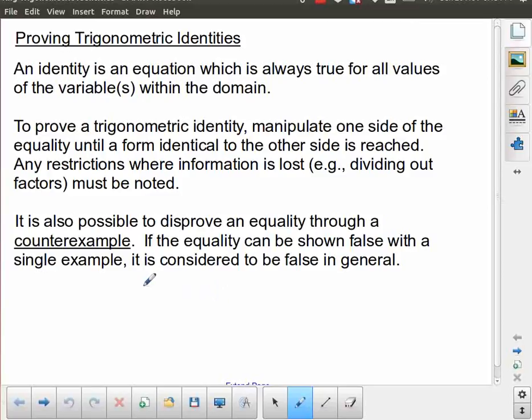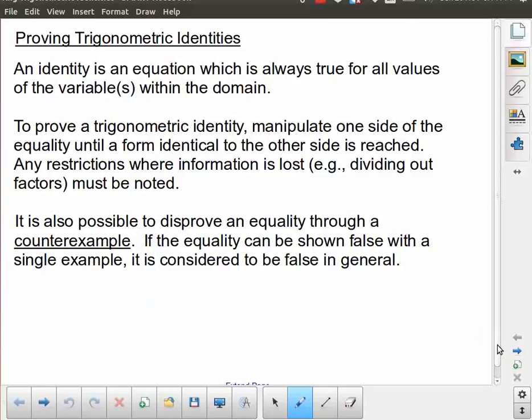Interestingly though, in mathematics, a single counterexample is all it takes in order to disprove any particular example. So if you've been asked to disprove something, you could just go ahead and substitute in a valid value. It has to be valid. You can't choose things like values of asymptotes, for example. But if you just choose a regular old value that you know will be valid for all of the trigonometric expressions involved, and you don't get left side equals right side, then you have basically disproved that particular identity.